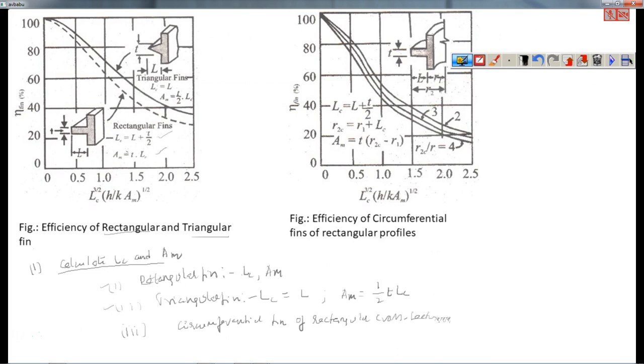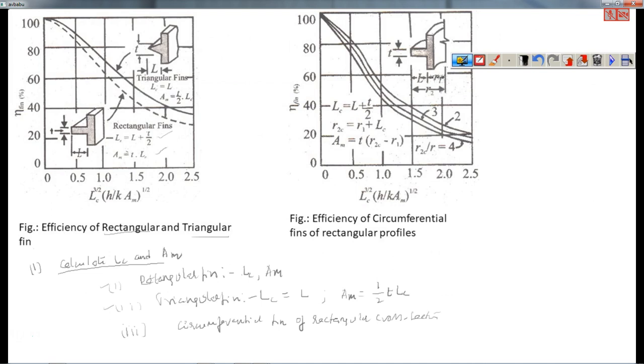That shape is also shown here. This is circumferential. It is something like this, and this is the thickness, and again this is the thickness. You can see it here. So this R1 maybe, and this is going to be R2. It is shown here, and this is the length of the fin L. It is shown here.